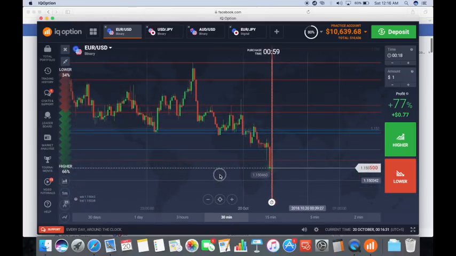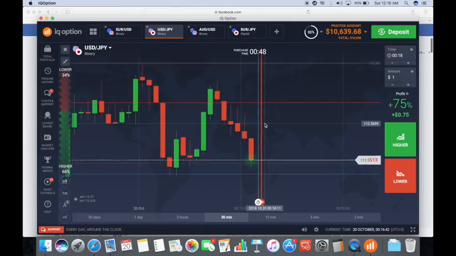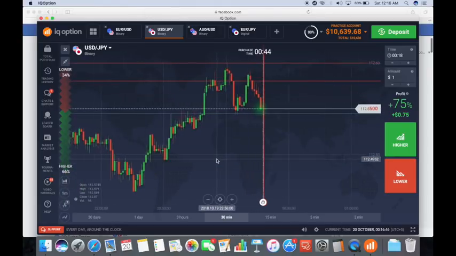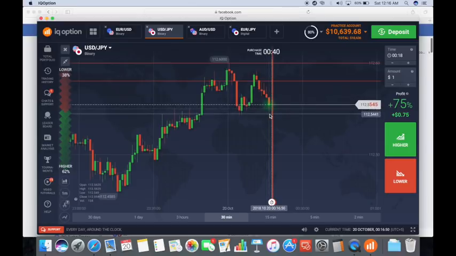Okay, still going strong. Let's check GBPJPY what it's done. All right, it's trying to enter this demand level again. Now again, remember, the more times it touches this level, the weaker the demand zone becomes.